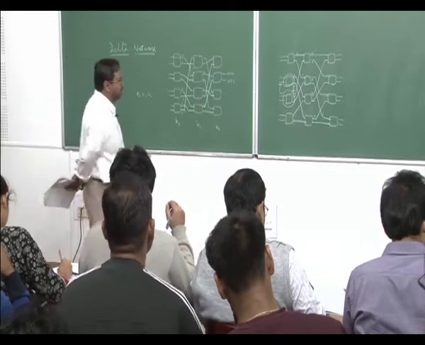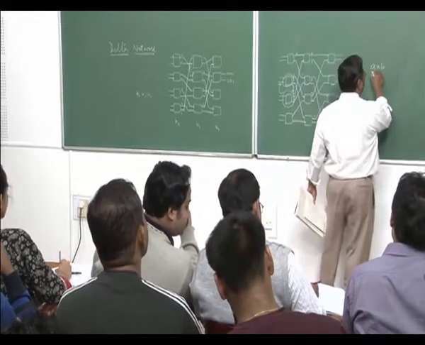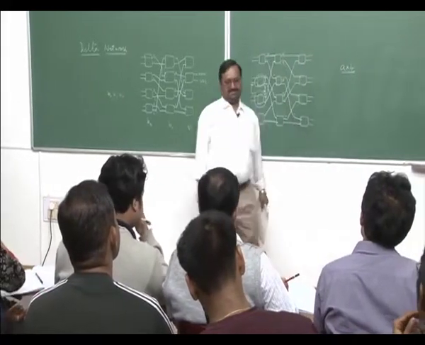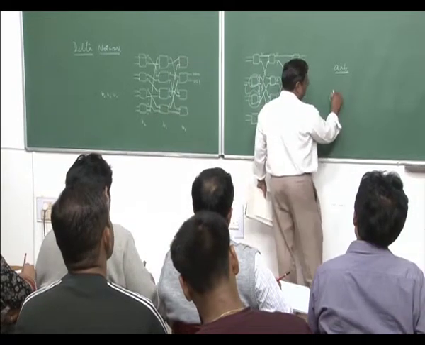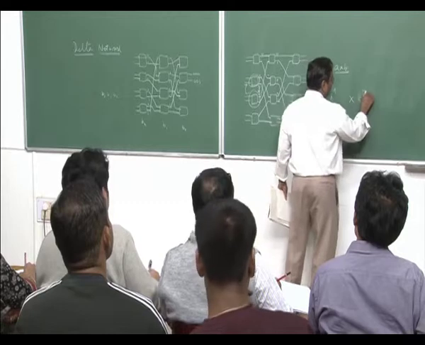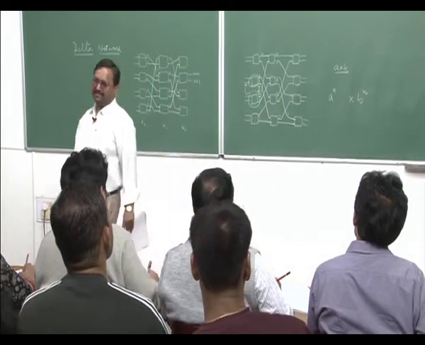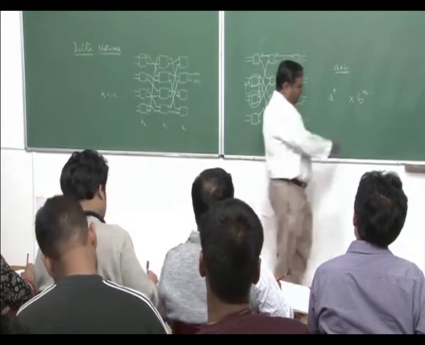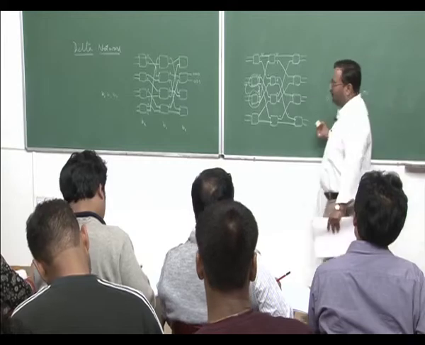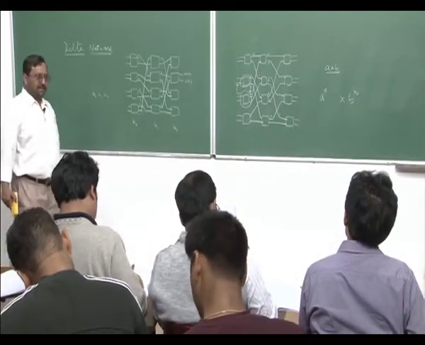The general definition is I will use a switch which will be of A by B, and the number of inputs will be A raised power n, number of outputs will be B raised power n. Generalized delta network. So, now let us go to this structure, because this is what I will be using for proving that shuffle net, in general a generalized shuffle net, is a delta network.